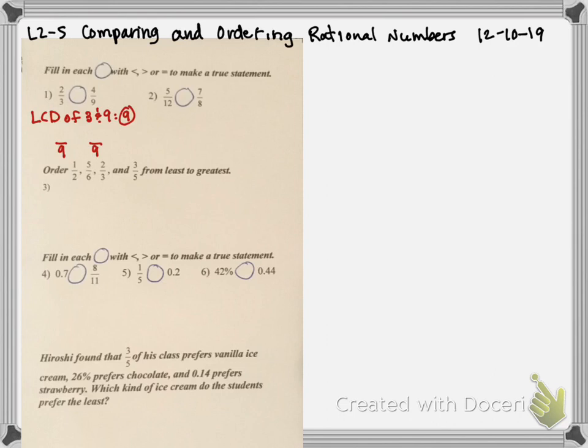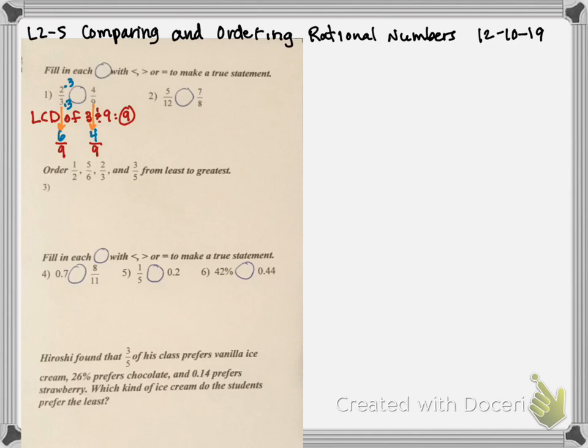So going back to our problem, 3 times 3 equals 9, so 2 times 3 gives me 6. Now in the second one, the denominator didn't change, so the numerator doesn't change. So notice what I'm doing. I am writing an equivalent fraction for each of the original ones below them. I don't switch the order, that would be disastrous.